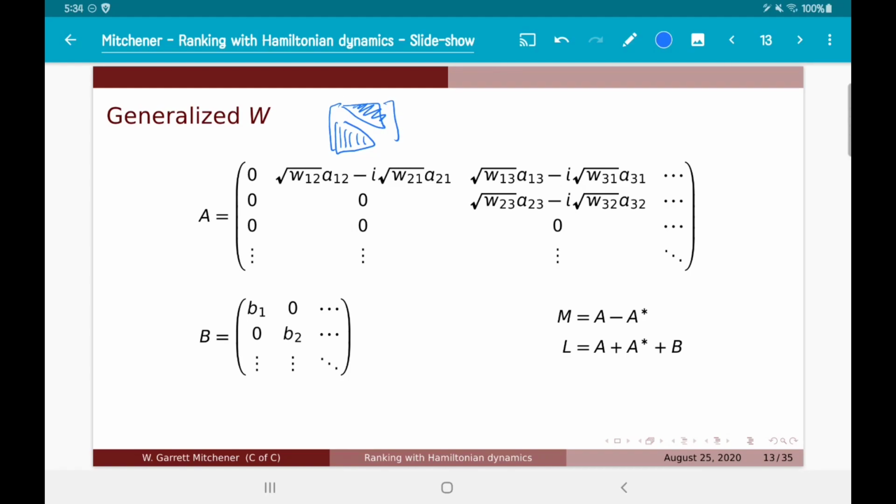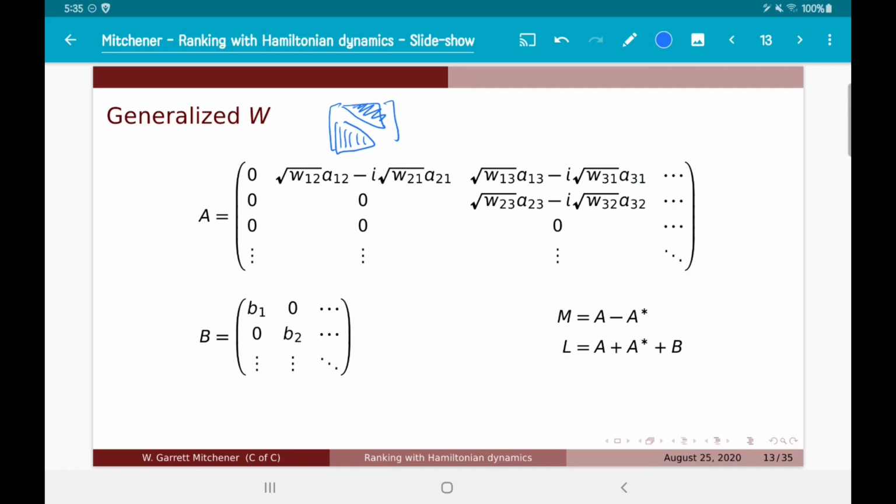B, I'm leaving the same. An unfortunate consequence of this is that there's not really a way to go back from this picture to particles, because there's sort of more of these A elements than you can really do particles for.